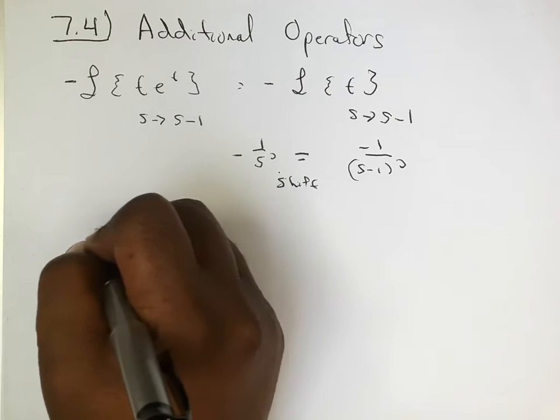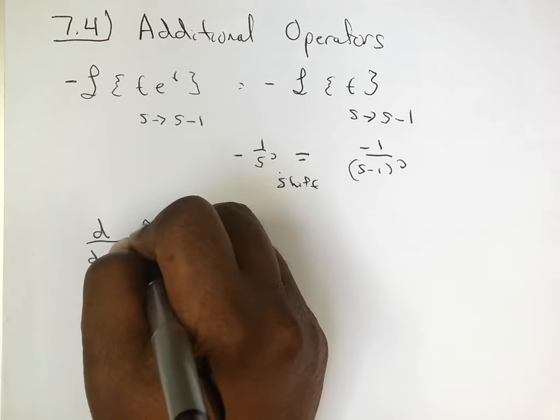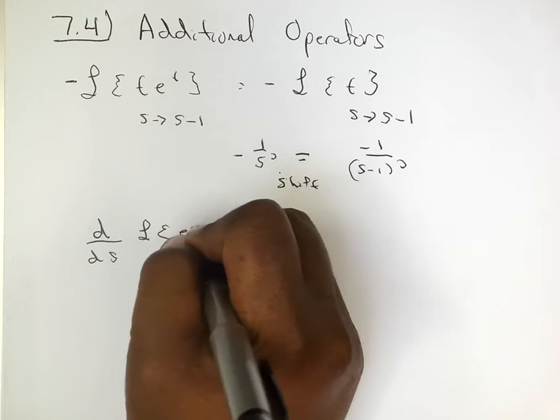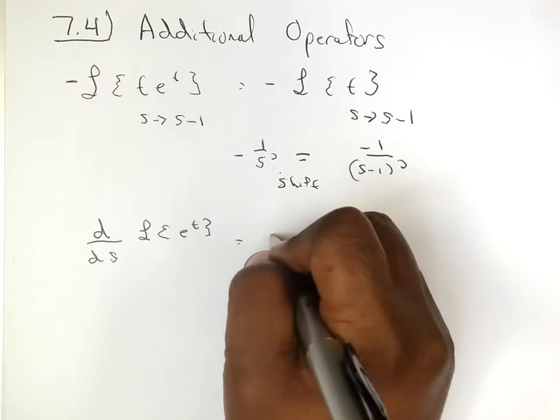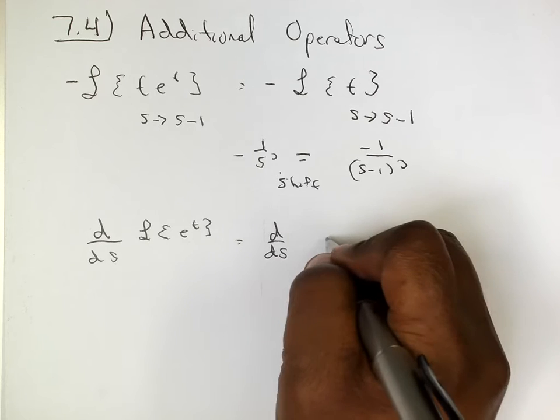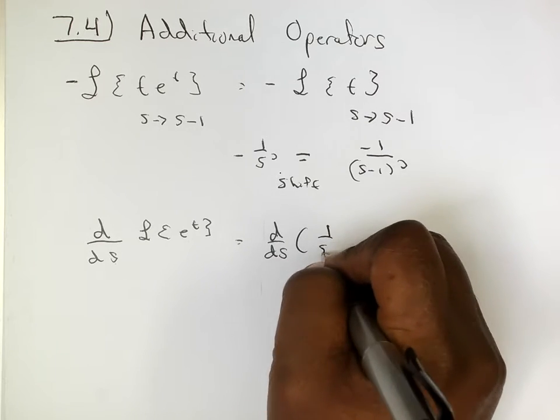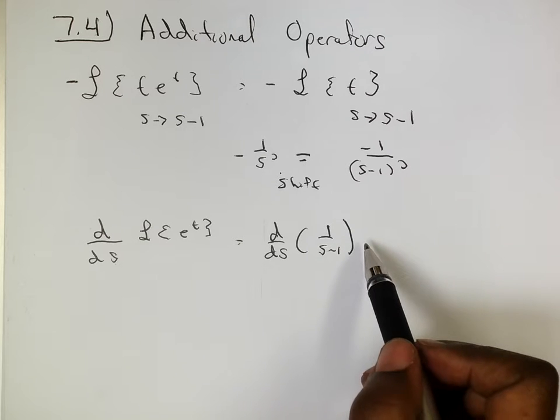Now if we look at the derivative with respect to s of the Laplace transform of just e to the t, then we're going to take the derivative of the Laplace of e to the t, which is 1 over s minus 1. So that's just s minus 1 to the negative 1 power.